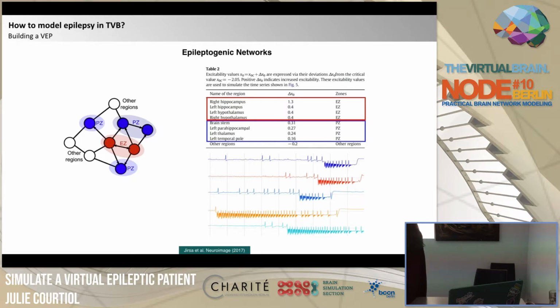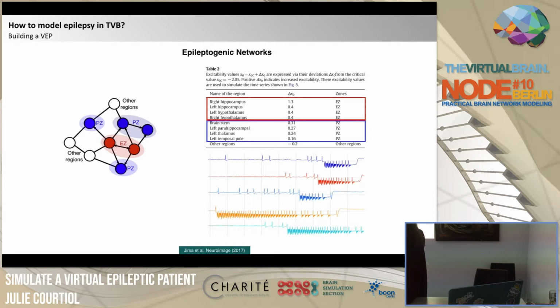A second hypothesis can be on the epileptogenic networks. So the clinicians determine that the red zone is the epileptogenic zone, so where the seizures start. And in blue, it's where the seizures spread. It is an example where the seizures start and then propagate in the network.